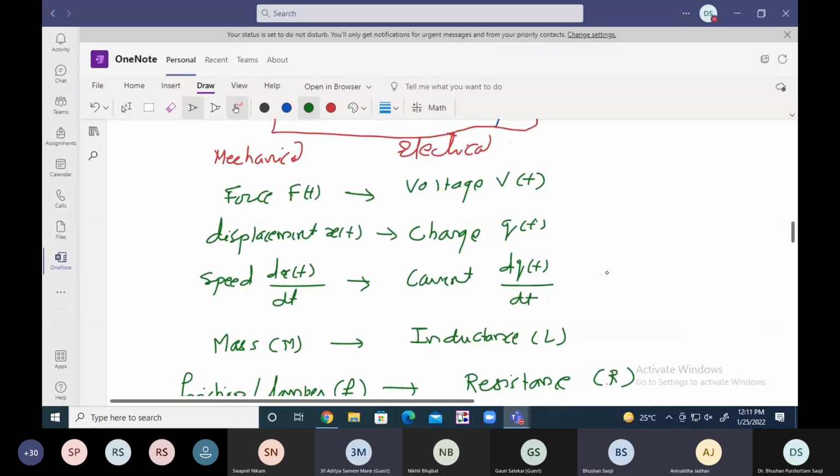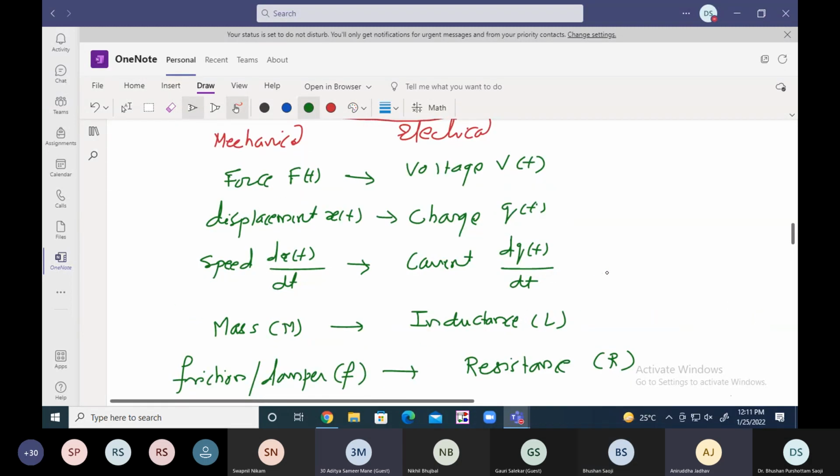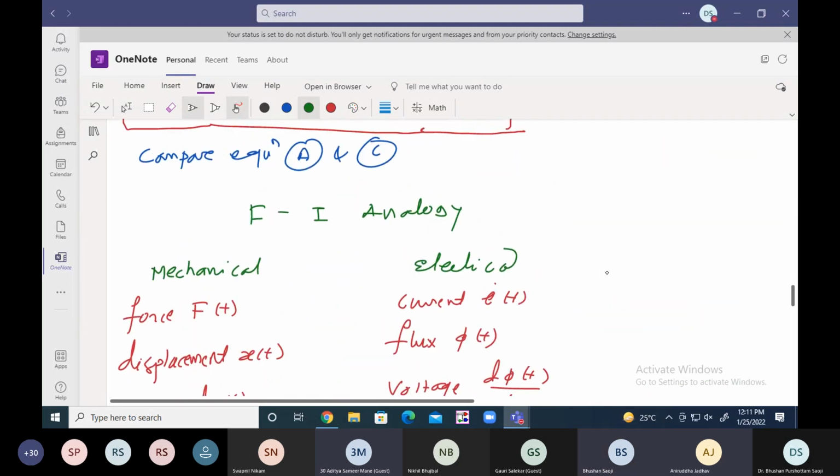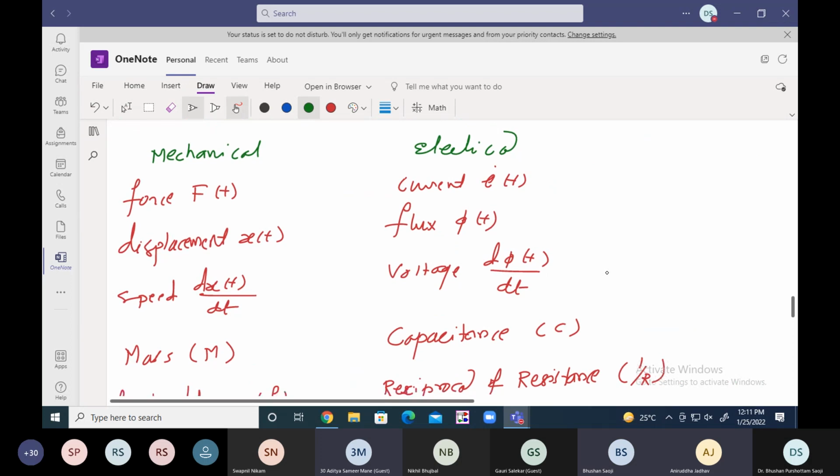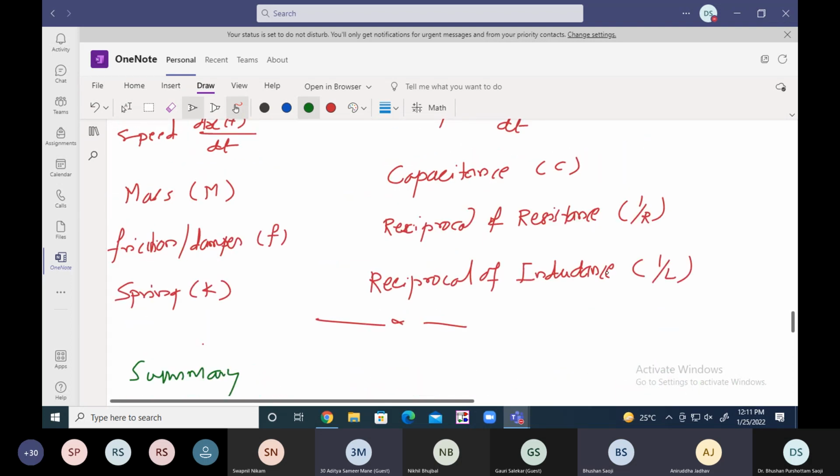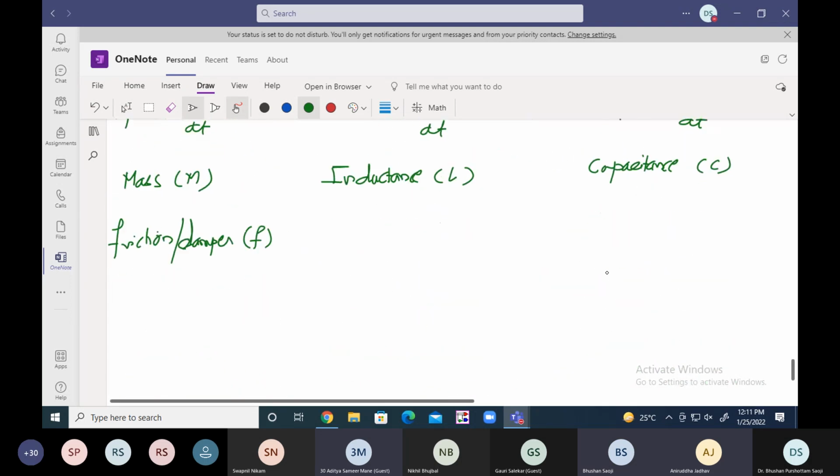That is resistance in F to V analogy, and here it is reciprocal of resistance. Here it is resistance, that is R, and reciprocal of resistance, that is 1 by R.